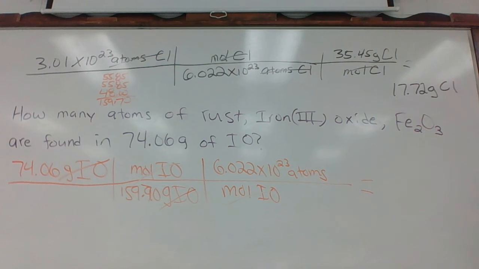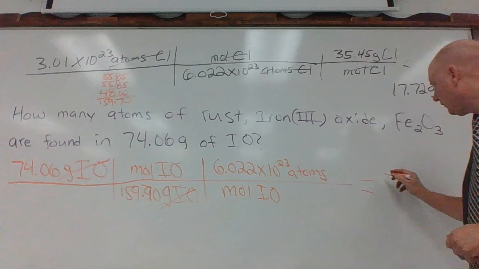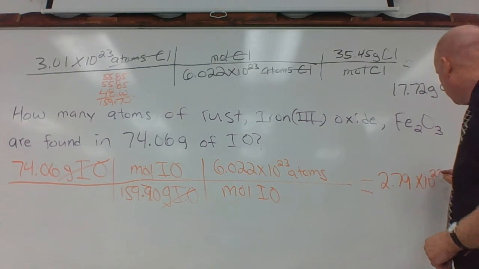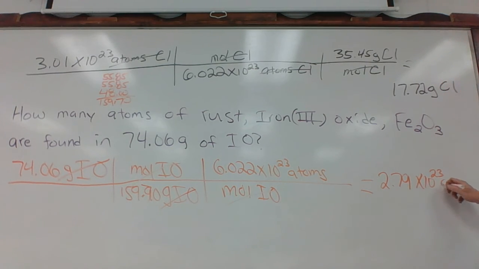If there's anything on the bottom, then you divide. So 74.06 times 6.022, then hit your exponent or second double E to the 23rd, and then divide that by 159.70. 2.79? Yes. And again, that is atoms of iron oxide.